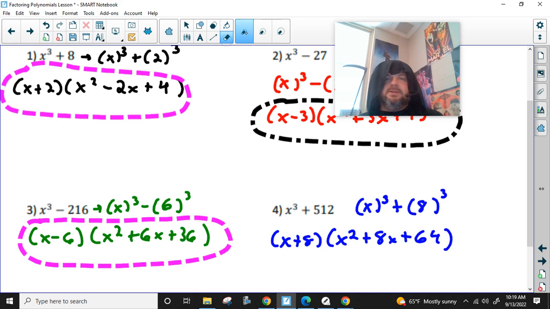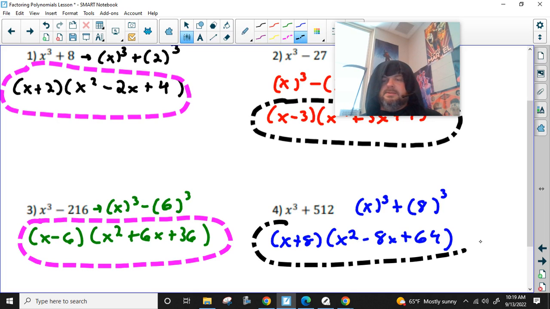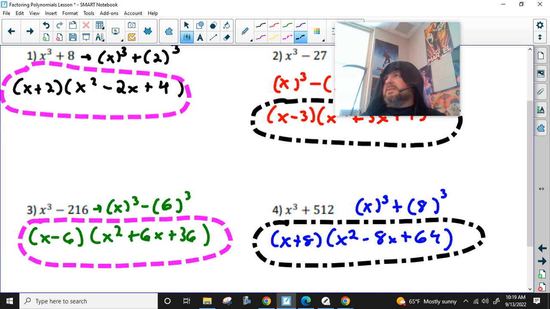Wait, I'm missing a subtraction sign. But I'm going to kind of stick with this right now just so people kind of are with me. So basically, as long as you know this definition, you should be able to do what I'm asking you to do with these factorings right here.